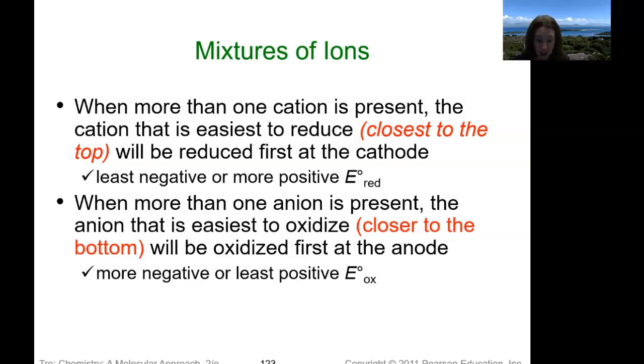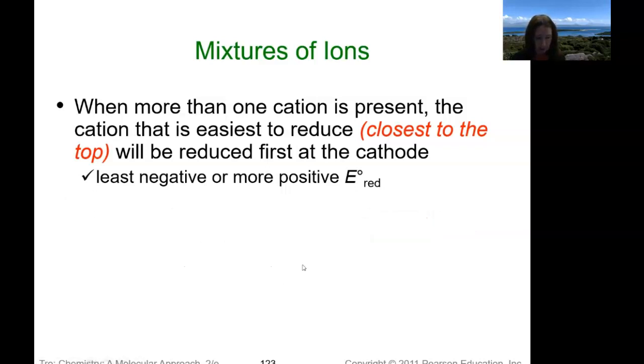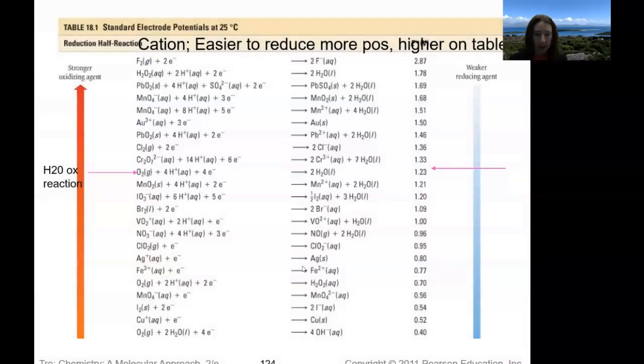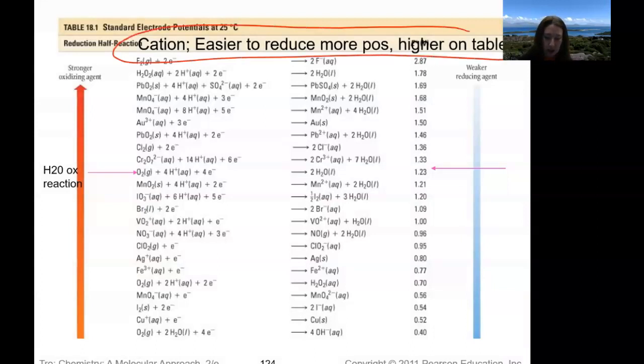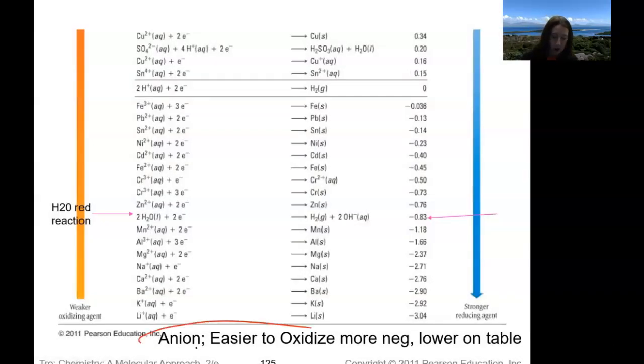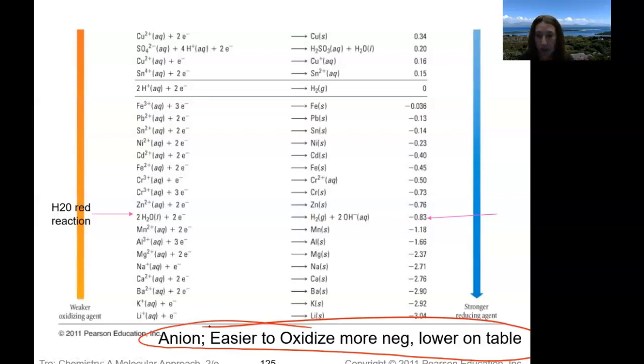So if you're looking at the table, if it's closer to the top of your table, that's going to be the one that reduces. If it's closer to the bottom, that's going to be the one that oxidizes.